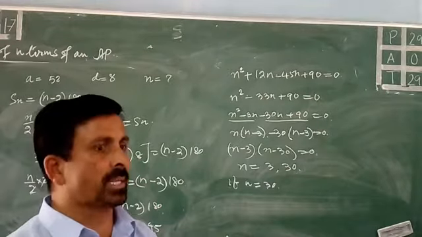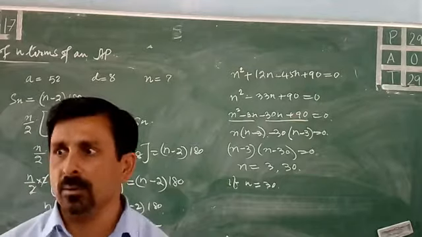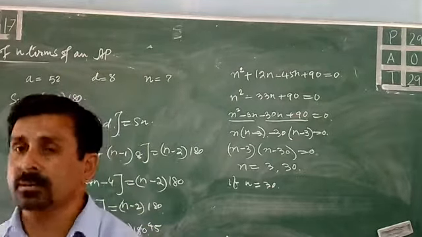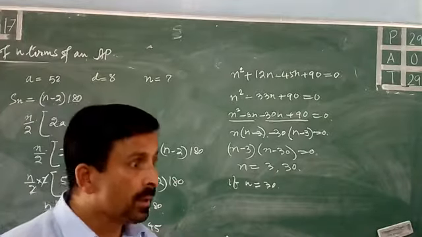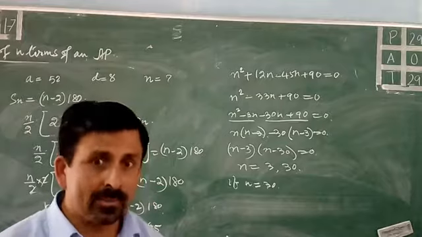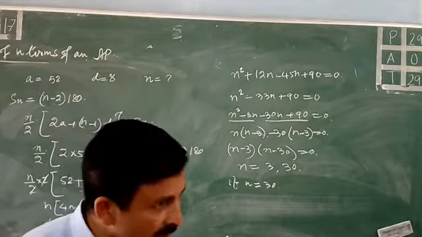Such a polygon is called a regular polygon. But if the angles are different or the measurement of the sides are different, then the triangle is said to be irregular. That means the measurement of each angle will be different. Understood or not? Yes, sir.